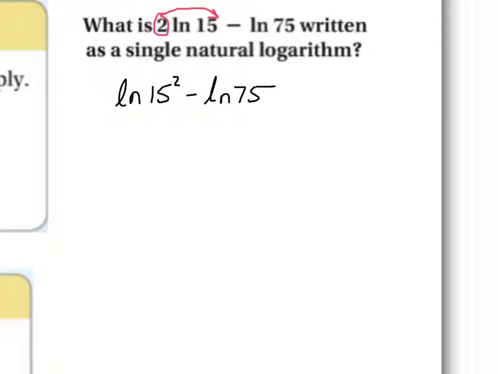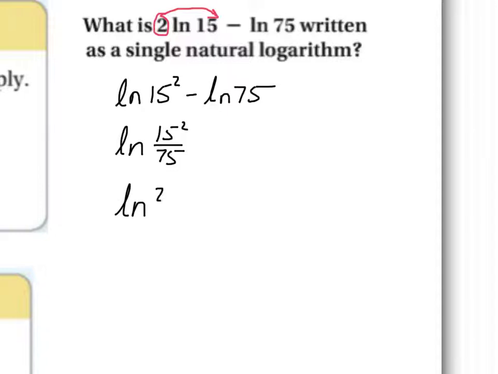Now what? Now I can use division to bring it together into one natural log. So the natural log of 15 squared divided by 75. But wait a minute, what is 15 squared? 225.